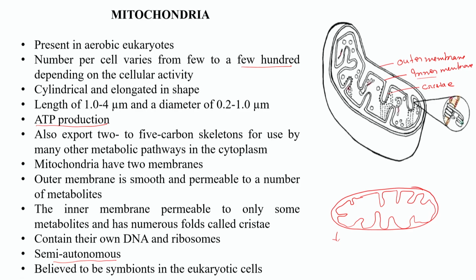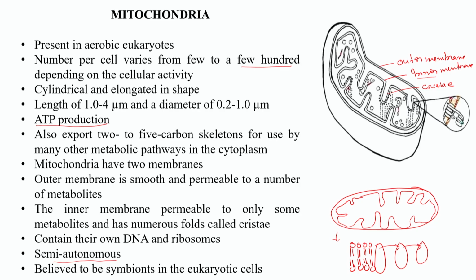So two bilayers are there. Similarly in this case also we can observe these phospholipids, and in this also a lot of protein complexes are embedded, which are responsible for the process related to aerobic respiration.